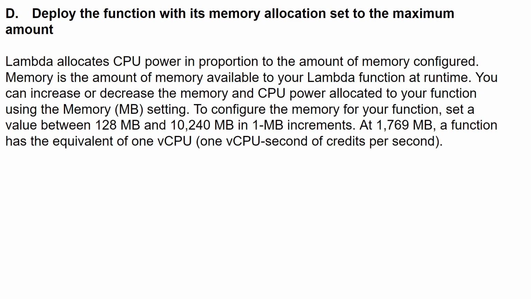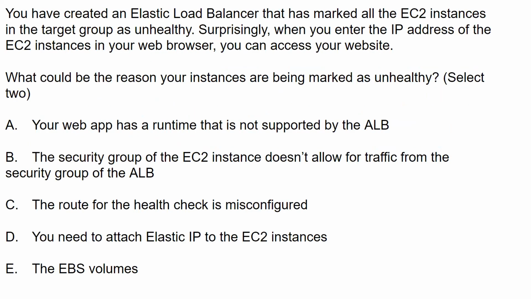Okay. You have created an elastic load balancer that has marked all the EC2 instances in the target group as unhealthy. Surprisingly, when you enter the IP address of the EC2 instances in your web browser, you can access your website. What could be the reason your instances are being marked as unhealthy?